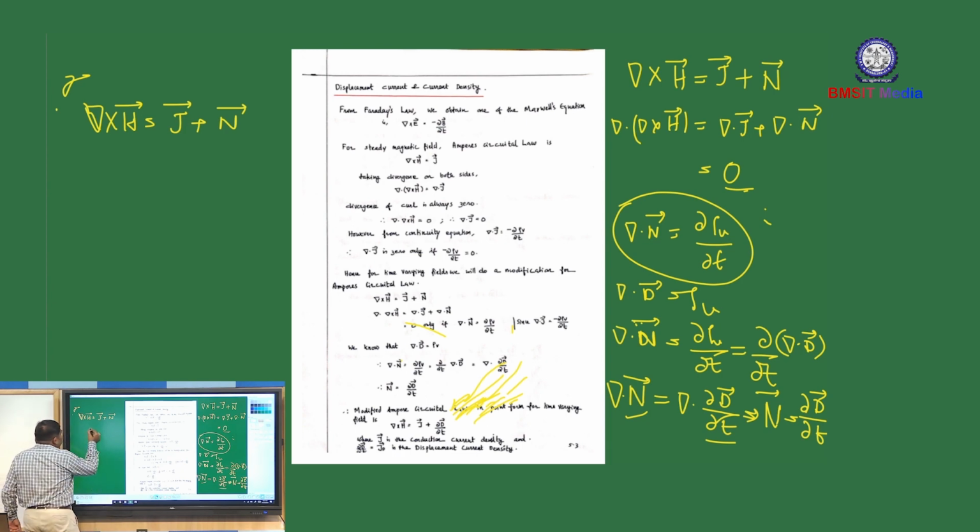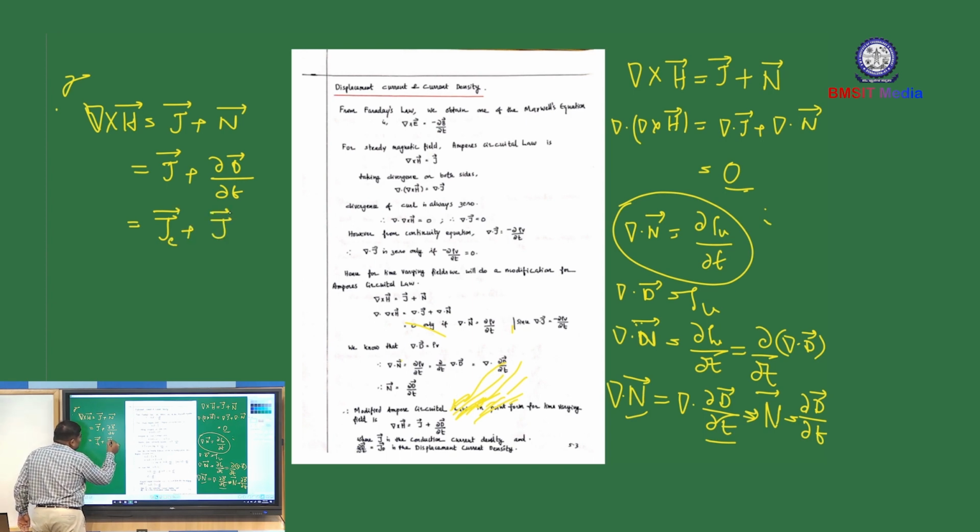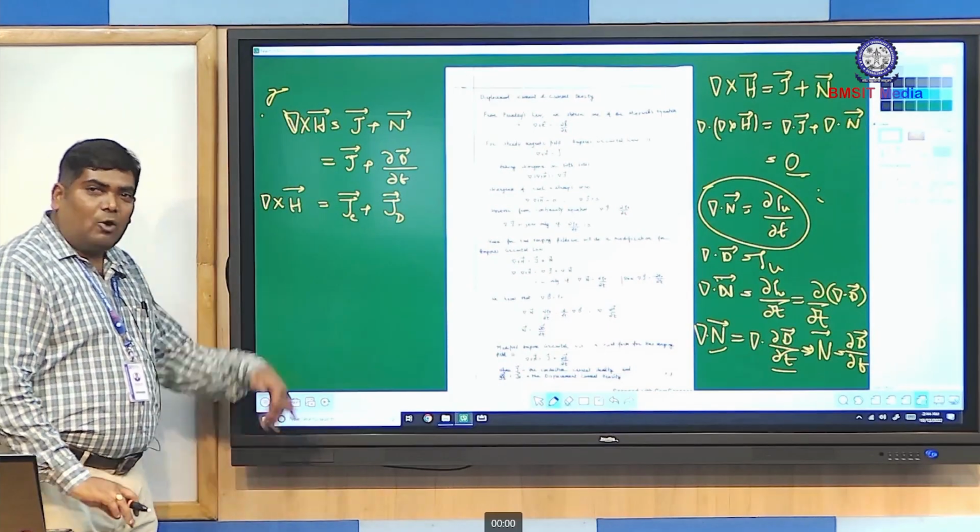So now del cross H is equal to, let us retain J here, plus what is n here? n we have derived as dou D by dou t. That is also equal to JC plus JD, which is equal to del cross H. Curl of the magnetic field intensity we have modified.